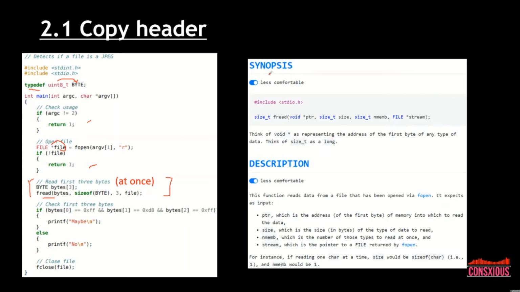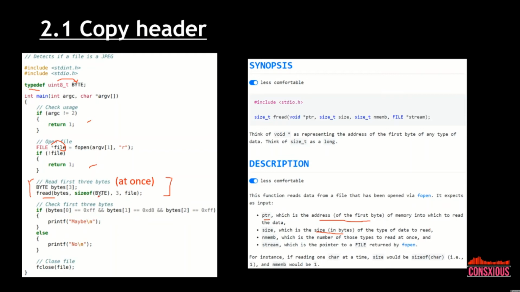We can take a look at the documentation. Basically fread has a pointer, the size, and the nmemb, and the stream. PTR is the pointer, the address of the first byte of memory into which to read the data, and the size in bytes of the data to read.